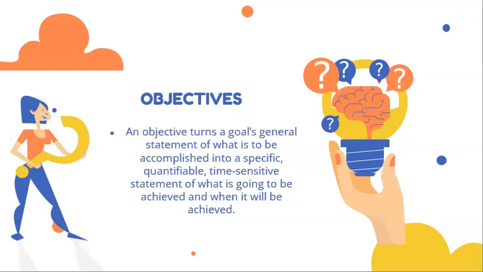Kung increase in profit, then anong dapat gawin ng organization? We have to cut the cost. That is one of the objectives, diba? Para magkaroon ng increase in income. Cutting the cost is one of the objectives. So objectives should be measurable, suitable, feasible, commitment, and ownership.